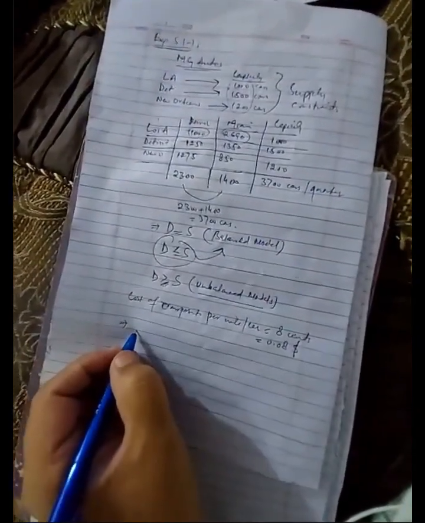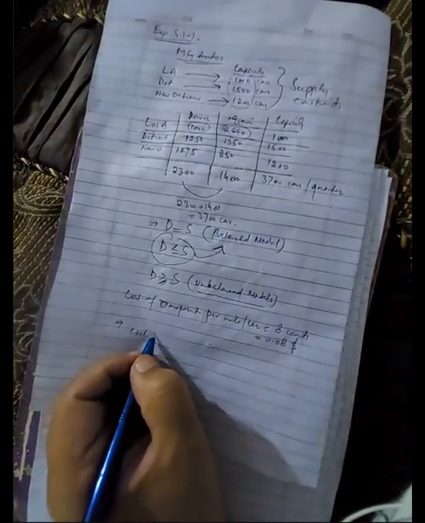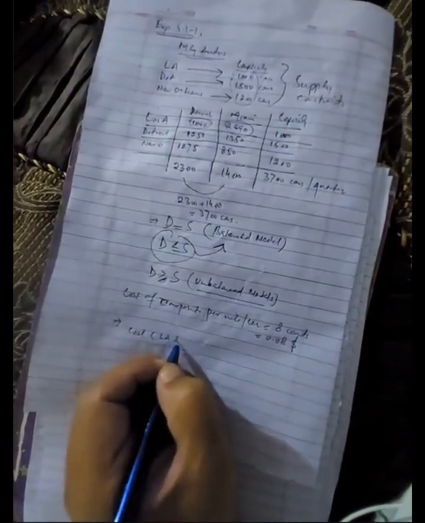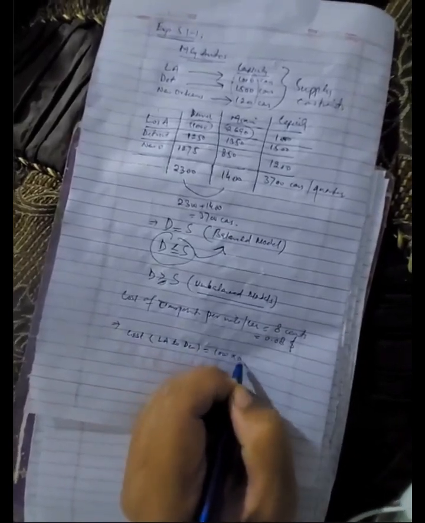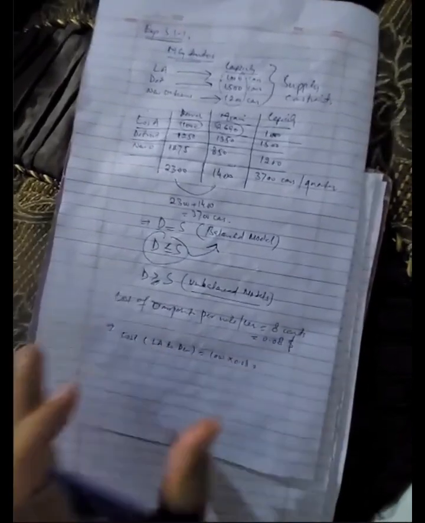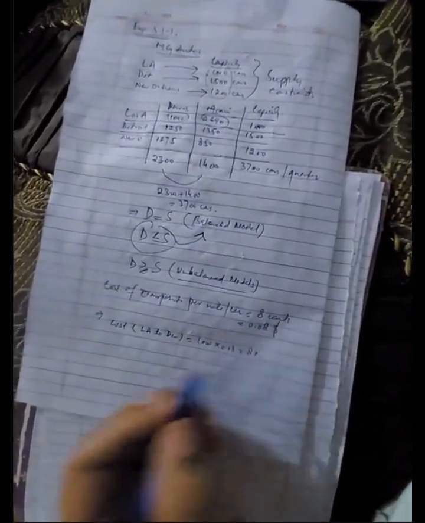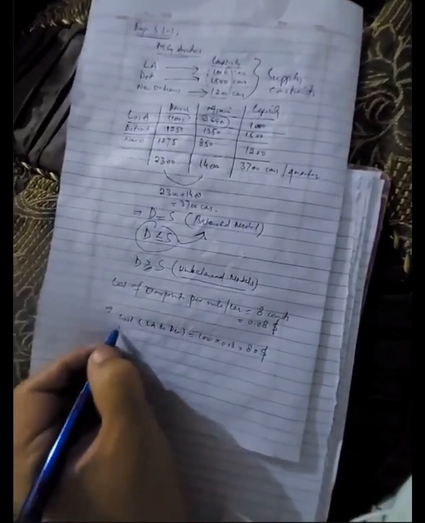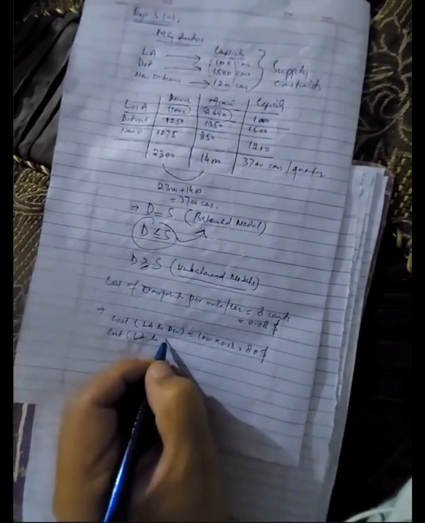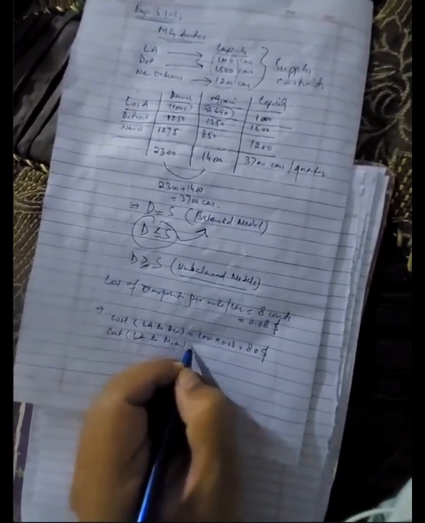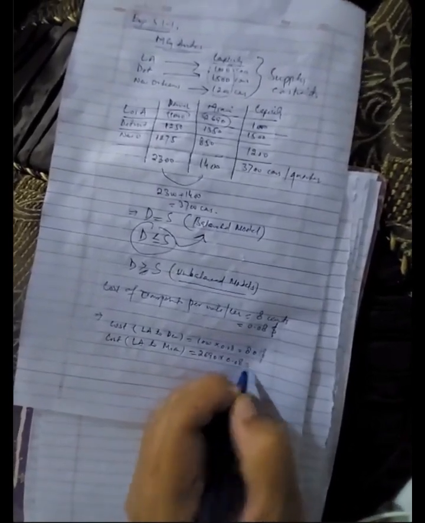So the cost of a car from LA to Denver is equal to 1000 into 0.08. So it will give us $80.